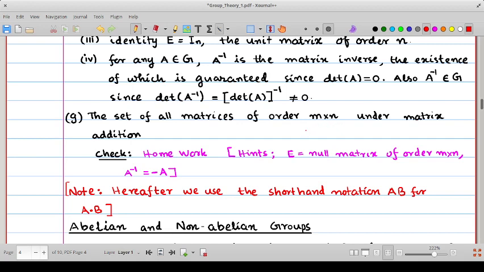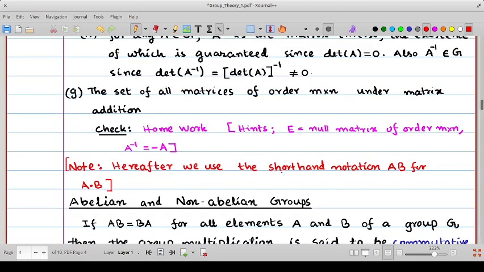And for any m by n matrix A, the matrix obtained by multiplying A with minus 1, which we denote as minus A, is the inverse, because A plus minus A is equal to the null matrix. So we see that it satisfies all the properties required for a group.